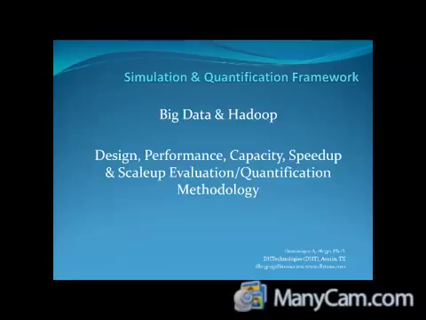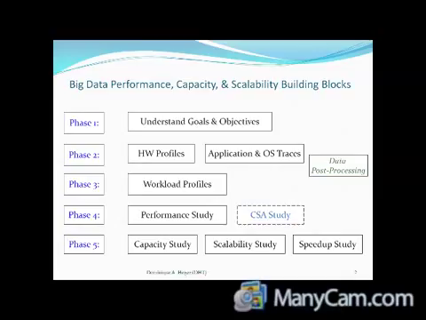And then we are also involved in studies where customers incorporate the traditional RDBMS systems that they have deployed into big data in Hadoop environments.